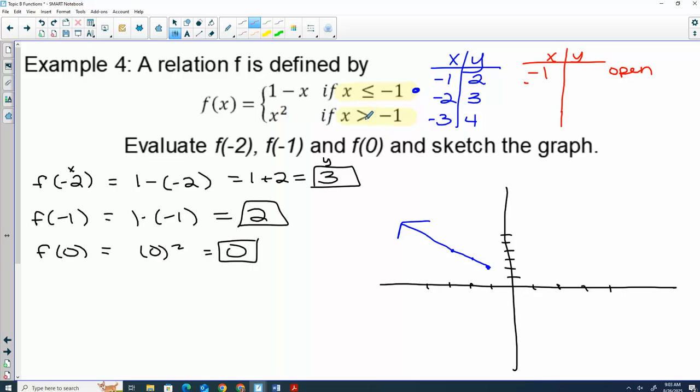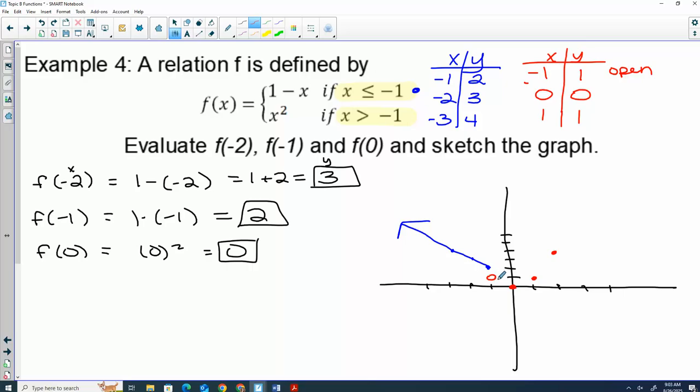And then we need things greater than -1, so maybe 0 and 1. So if I put those in, -1 squared is 1, 0 squared 0, 1 squared 1. So -1, 1 is open. 0, 0, 1, 1. If you weren't sure, you could always do more. If you put in like a 2, you get out 4.